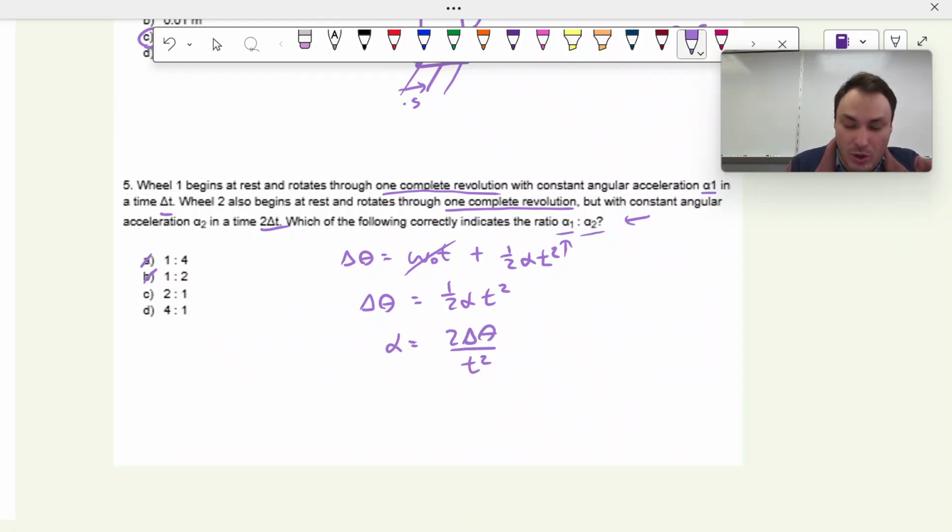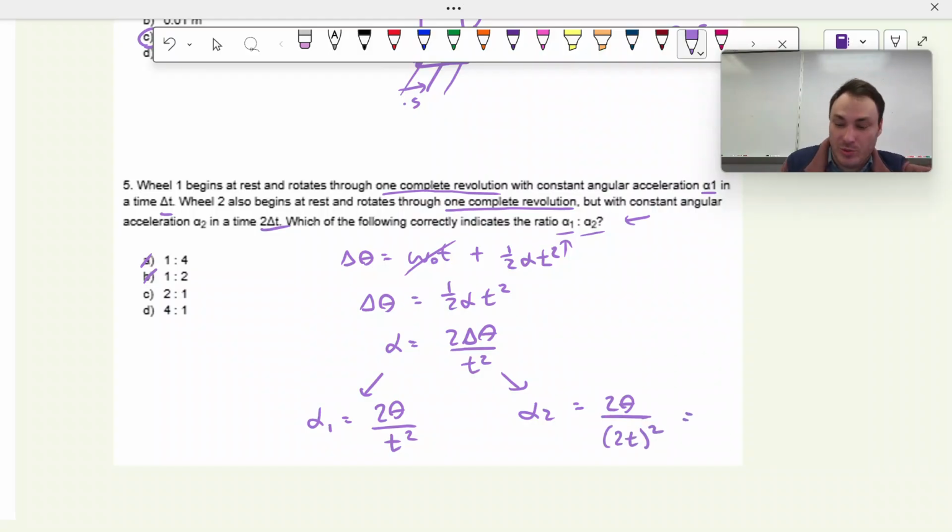For scenario 1, so alpha 1, we get through a delta theta, let's just call that theta, in a time of t. For alpha 2, we get through that same theta in a time of 2t.